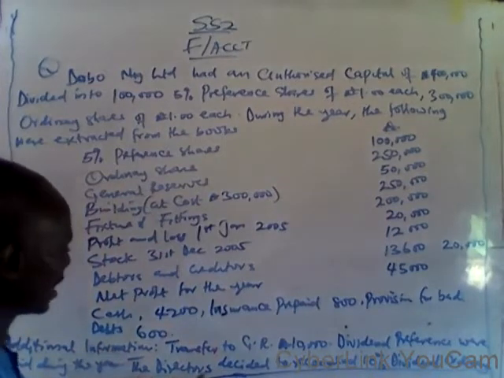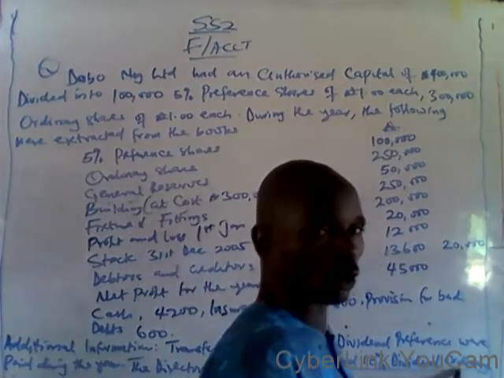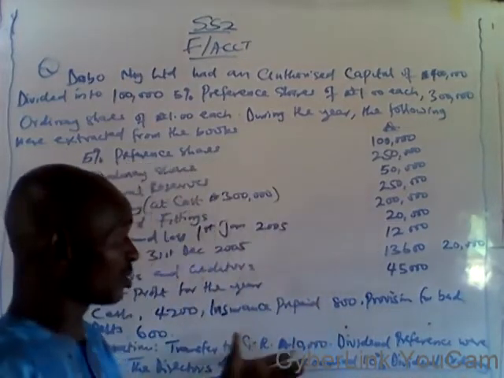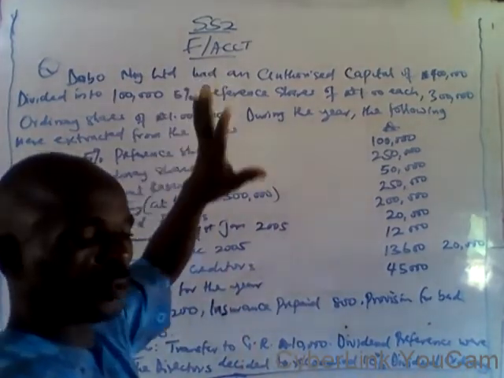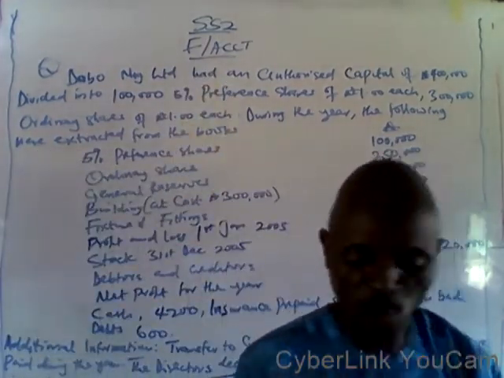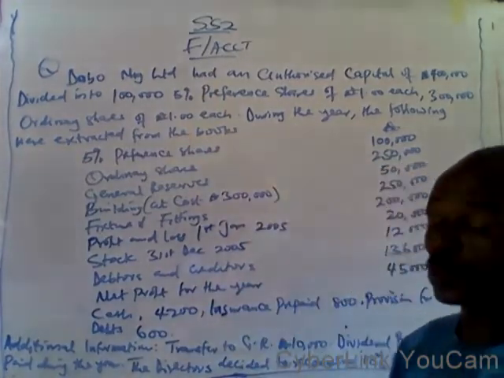The directors decided to recommend a 10% dividend for ordinary shareholders. Because of space, we will not be able to write the solution on the board, but try to be with your own biro or pencil or written materials, and let's do it together.